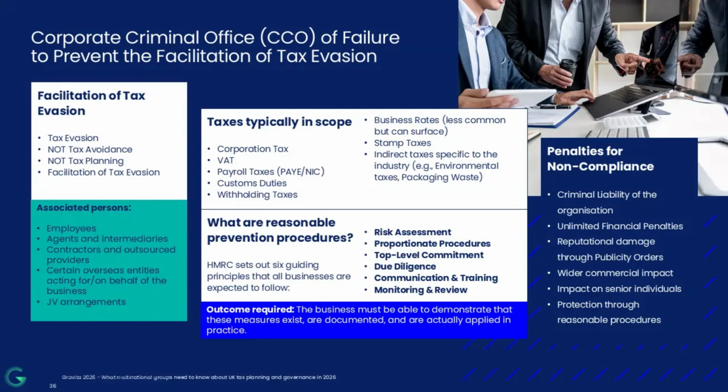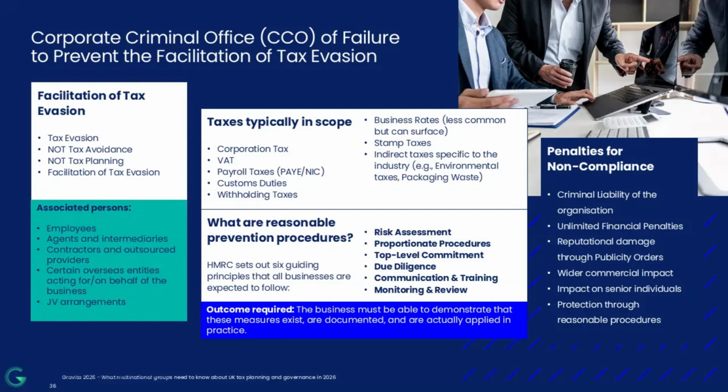HMRC aren't expecting everyone to hire an army of people to investigate tax evasion. What they want is for you to have reasonable prevention procedures. If you're a small business, what's reasonable for you will be different to massive international corporations that have a huge back office function.